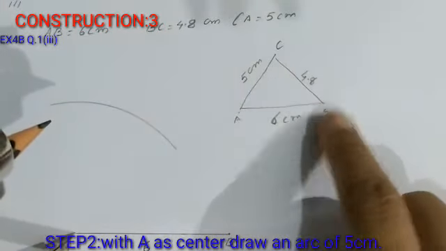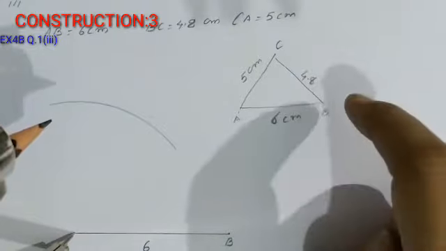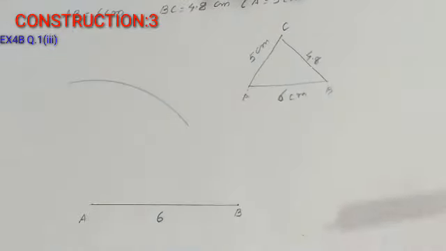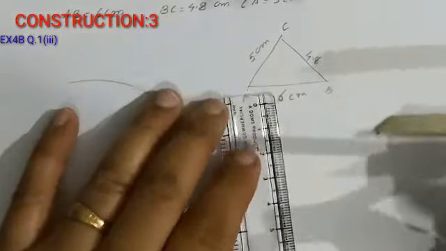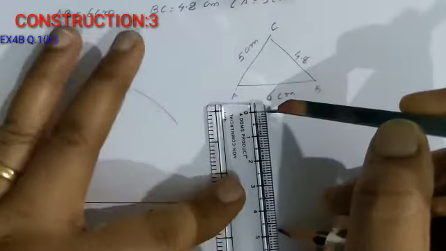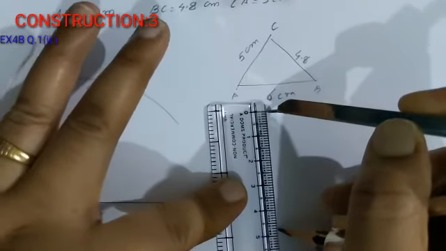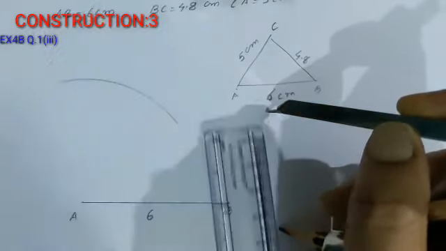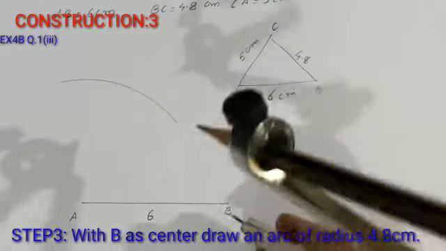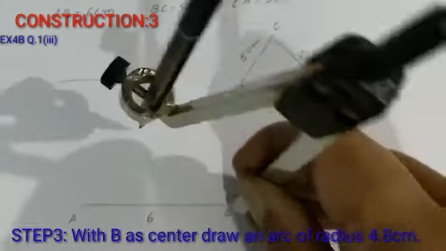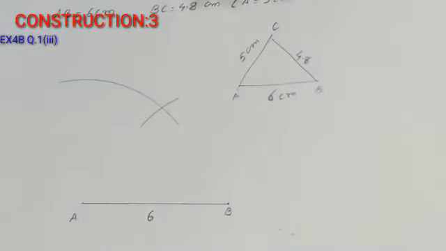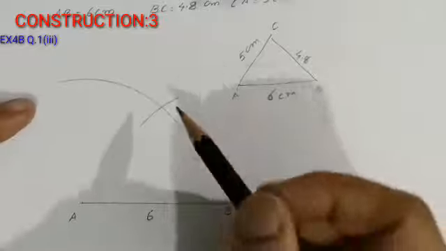BC equals 4.8 centimeter, means from B give an arc at 4.8 centimeter. So adjust the arc length to 4.8 centimeter. See, after taking the arc length of 4.8 centimeter, students, step 3, with B as center, draw an arc of radius 4.8 centimeter. The point of intersection of the two arcs is vertex C.